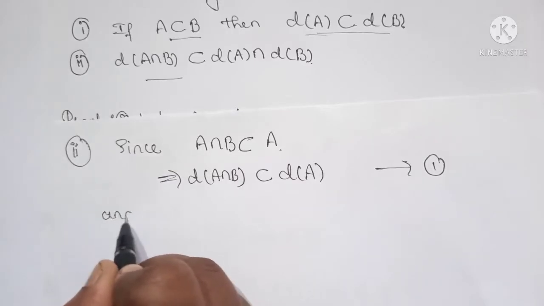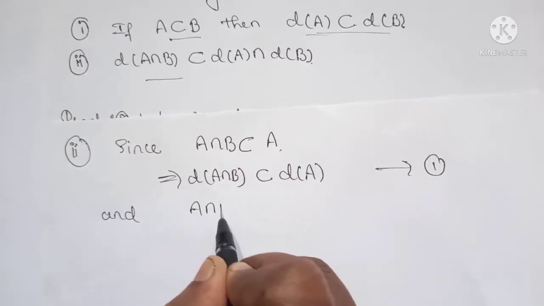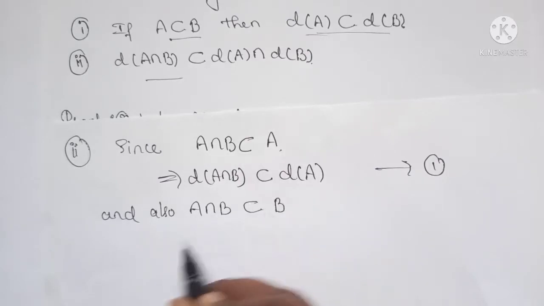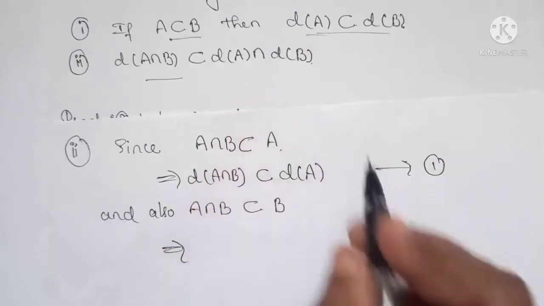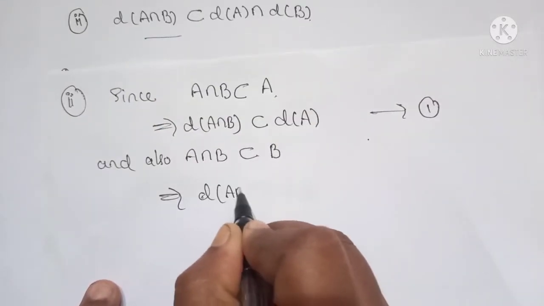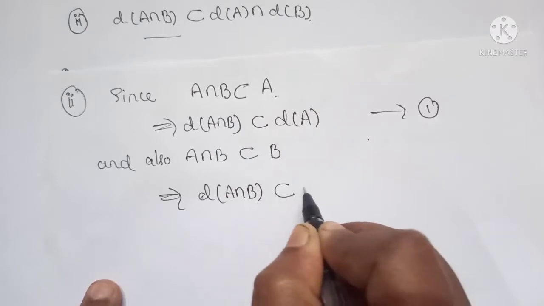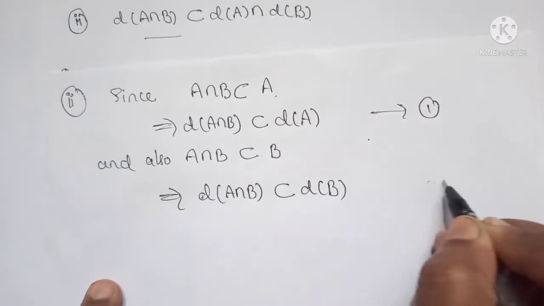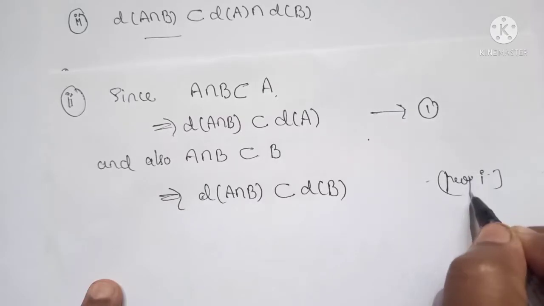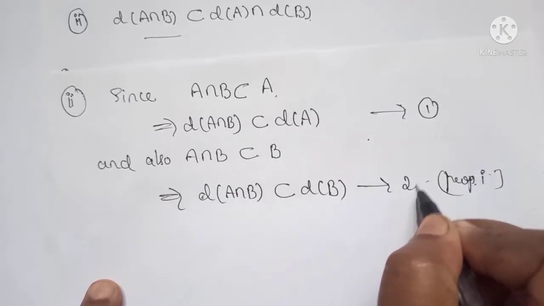And also A intersection B is a subset of B. By applying the first property, we get the derived set of A intersection B is a subset of the derived set of B. This is by property 1. Consider this as equation 2.